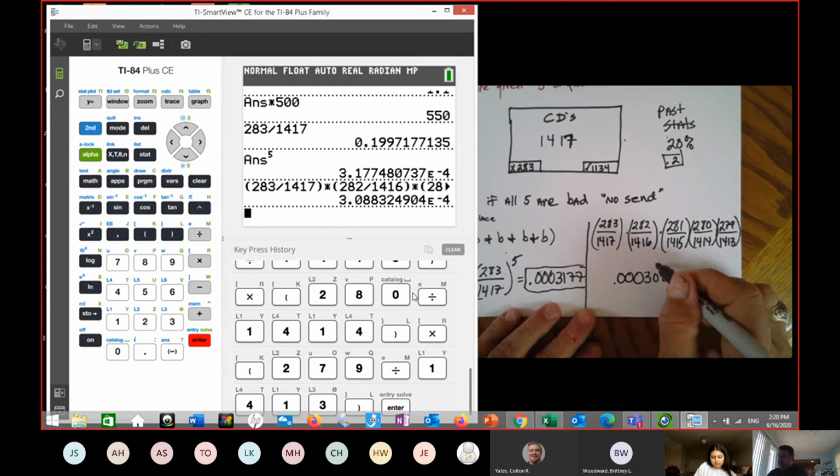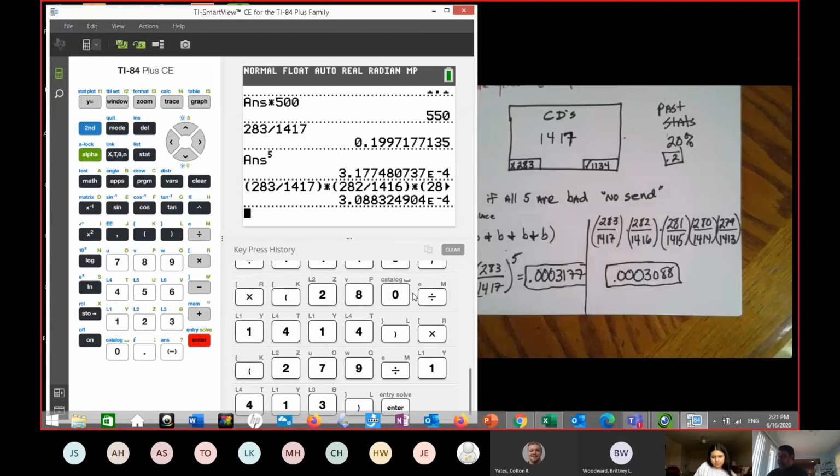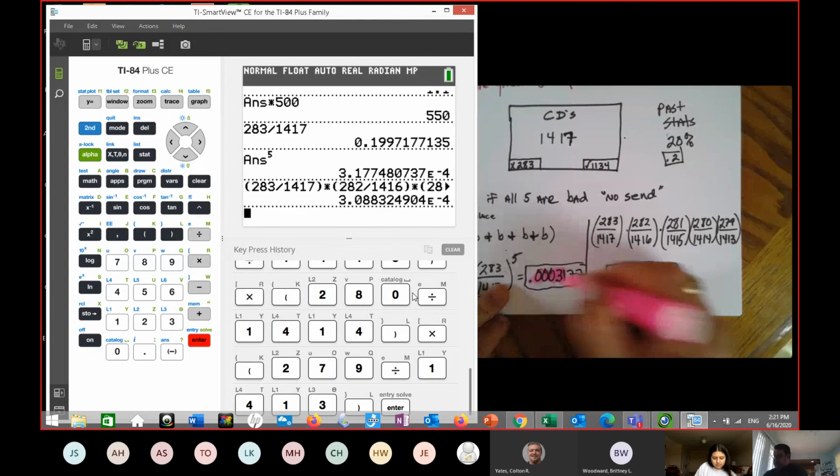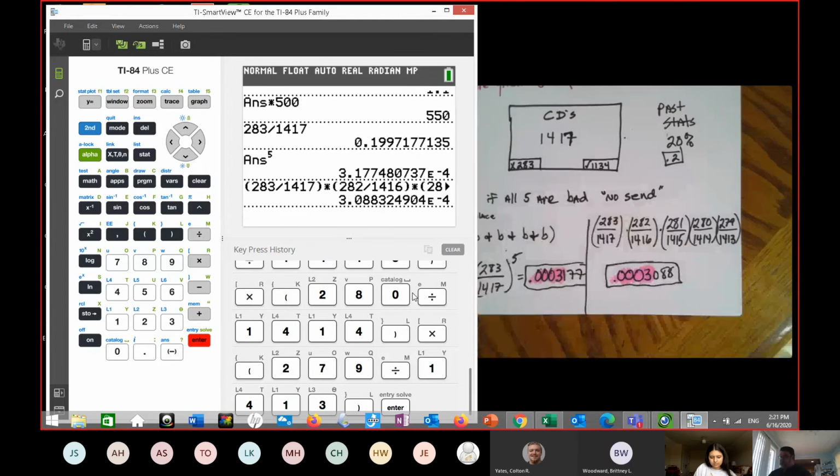And if you round to 4 digits, what's the answer? 0.003. Yeah, even if you round to 5 digits. Are you going to get the same answer? Yes, sir. They're going to ask you to round to 4 digits. They're not going to ask you to do anything funny.